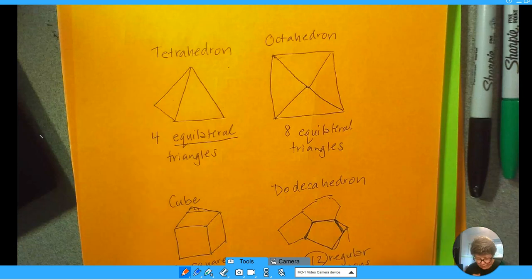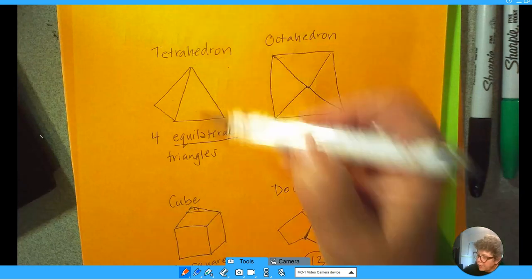And we're going to be talking a little bit more about platonic solids. So the ancient Greeks studied solids, and they came up with this group of solids called the platonic solids. And all faces of platonic solids are identical, regular polygons. So if it's a regular polygon, that means it's a closed shape that has the same size sides, right?